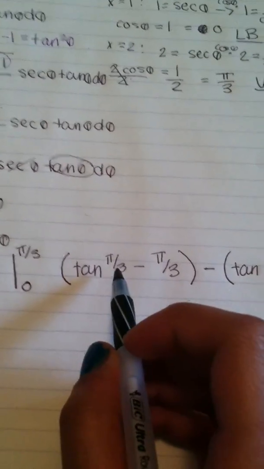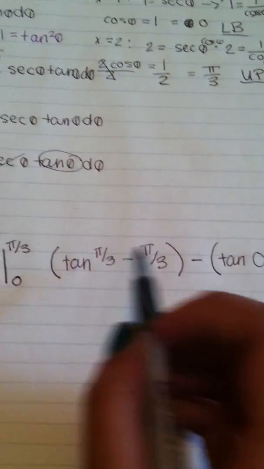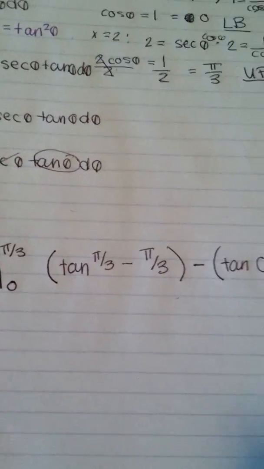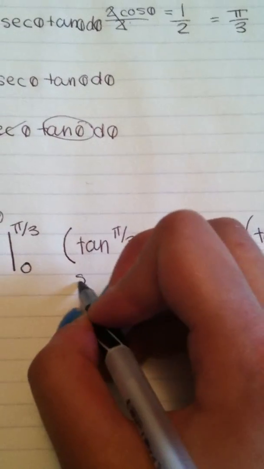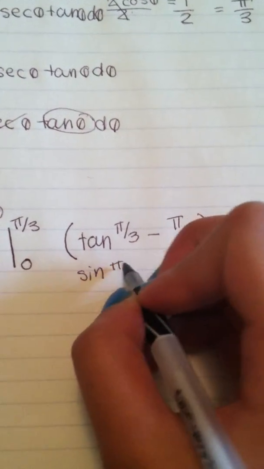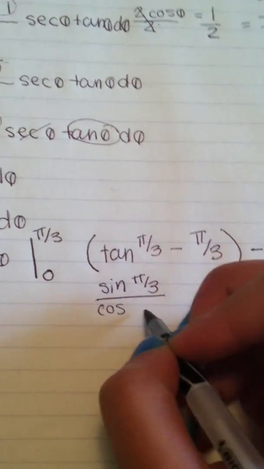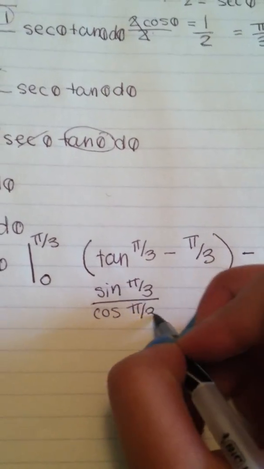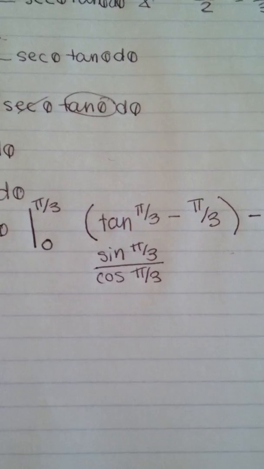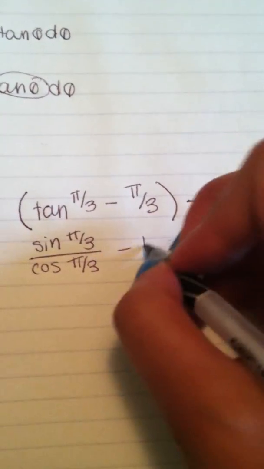Now looking at this, we can see that the tangent of pi over 3, we can break that down to make it easier to solve by using sine and cosine. So the sine of pi over 3 over the cosine of pi over 3, minus pi over 3.